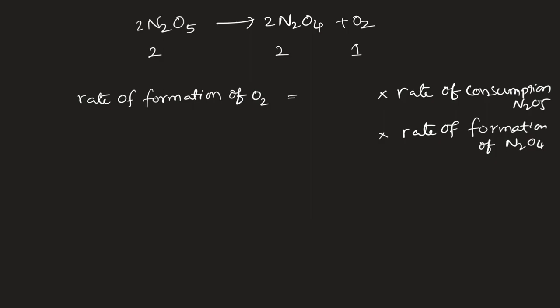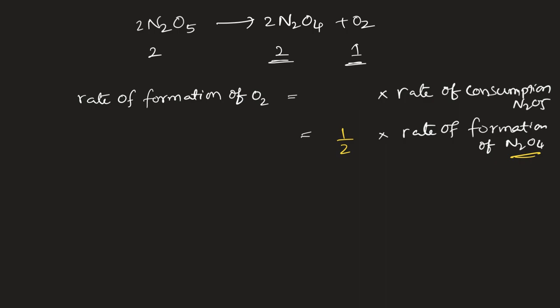Rate of formation of O2 is, observe here, this is a 2-time forming, this is a 1-time forming, meaning a half-time forming. Therefore, with respect to the rate of formation of N2O4, it is how much? Half of the rate of formation of N2O4.